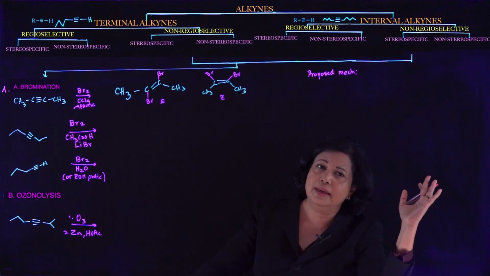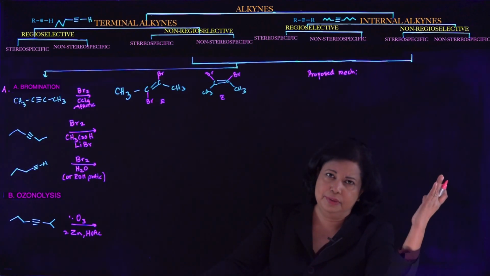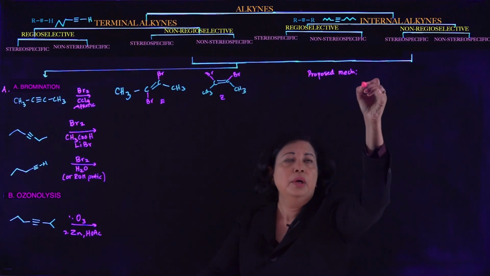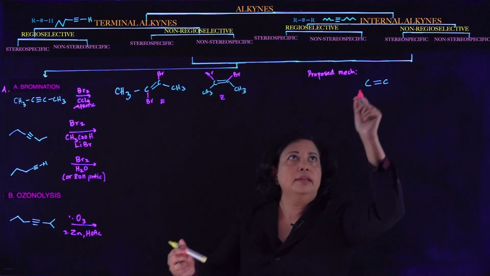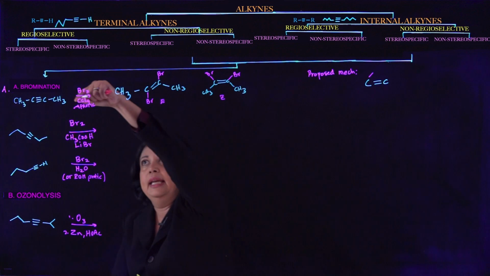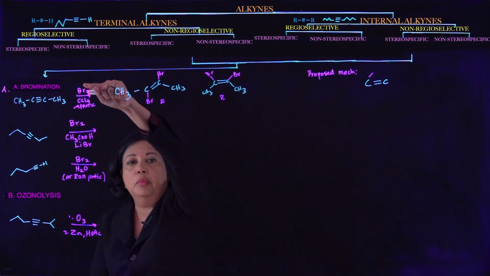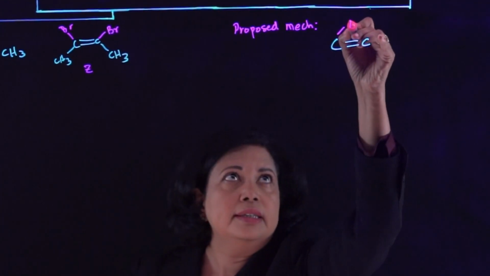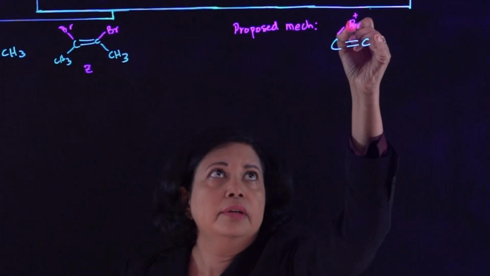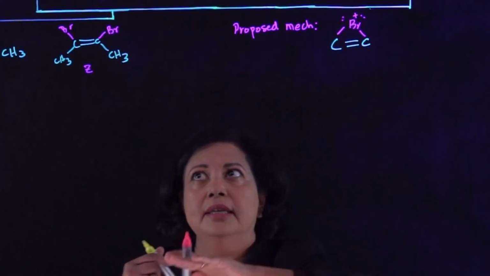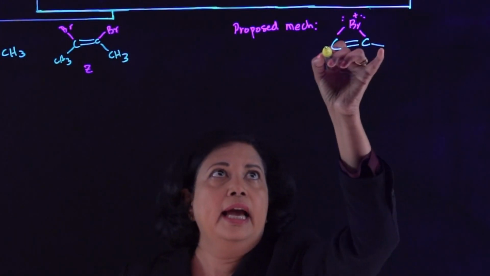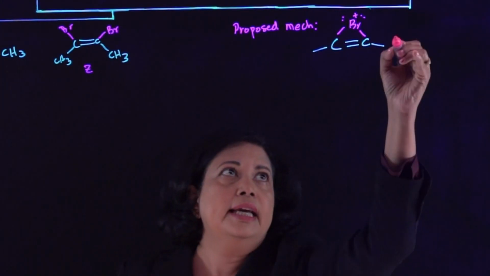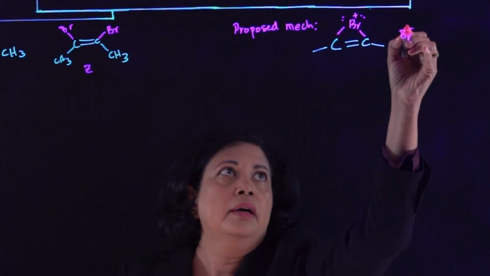So the proposed mechanism is something similar to what we had seen before, where your bromine forms a three-membered ring in the intermediate stage by attacking the pi bond, forming a bromonium. So this is something they had proposed earlier. However, this doesn't account for the Z product. And in this case, you could only have another bromide attack from below.